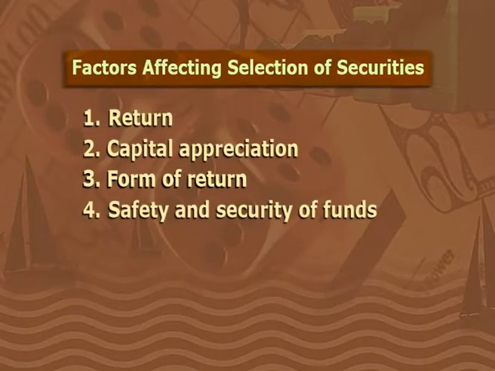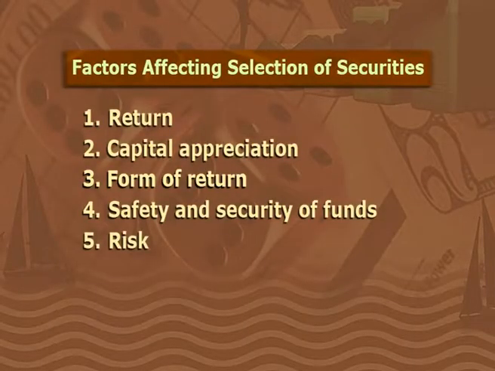Number 4, safety and security of funds. The fund should be safe and secure at the time of redemption. Number 5, risk. Risk avoidance and risk minimization are the primary factors affecting portfolio management. By proper planning and careful vigilance over market movements, the risk factor can be controlled.